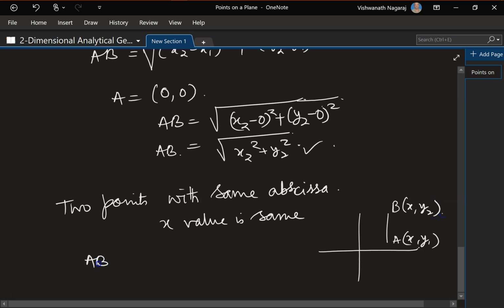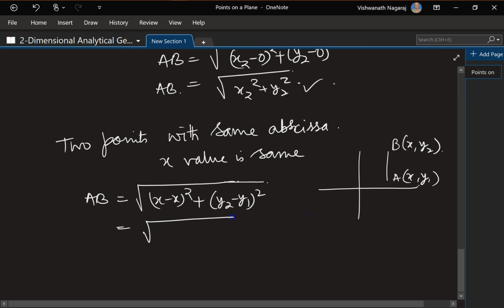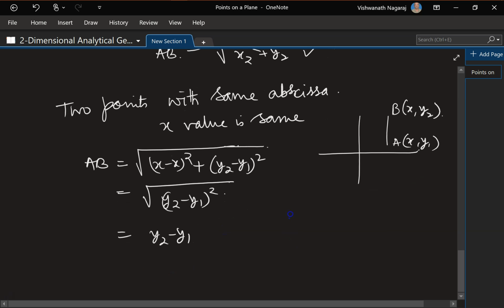So AB would be the square root of x2 minus x1 square, and here in both cases it is x. So x minus x square plus y2 minus y1 square, which means 0 square plus y2 minus y1 square, under root.